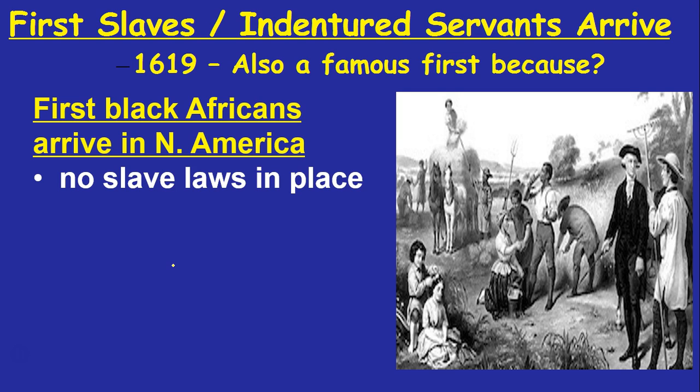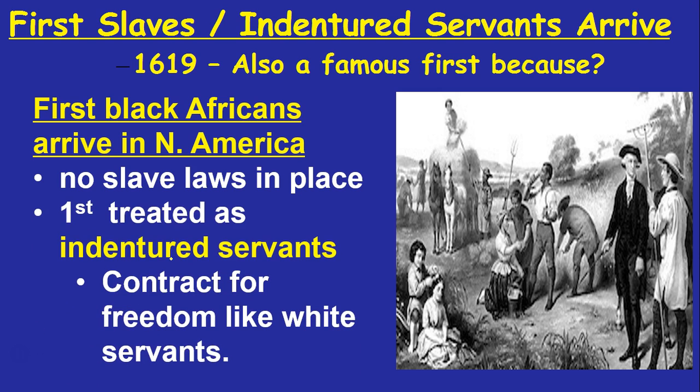In 1619, there are some major famous firsts that happened. Just about 10 years after the first establishment of the colony here, we have the first African Americans arriving in North America.